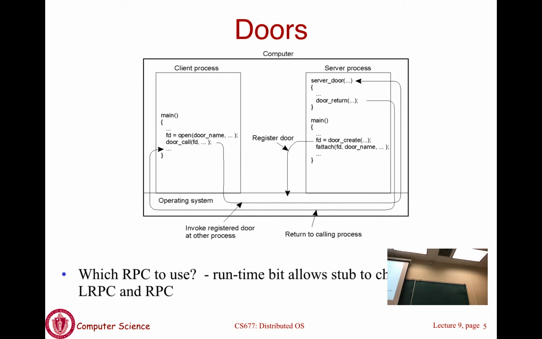Okay. In other systems, you have to decide a priori whether you have to use standard RPCs or lightweight RPCs. If you use lightweight RPCs to write your code, that code will not run across multiple machines because it's implicitly assumed that it's written for execution on the same machine. Okay. So you have different runtime systems that allow you to do different things. The one in Solaris allows you to use a runtime bit to choose between lightweight RPCs or standard RPCs.